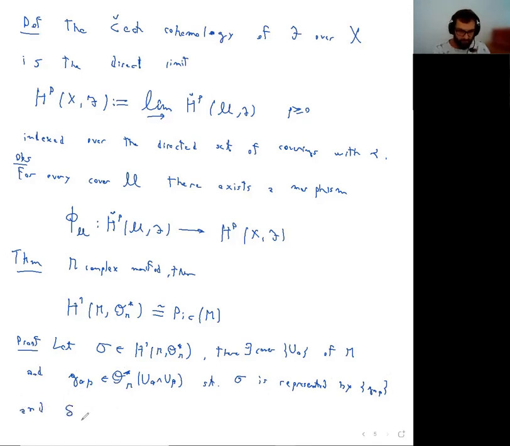So delta of this g_alpha_beta must be 0. This g_alpha_beta is not unique, of course, because you have to quotient out the coboundaries, but we'll deal with that later.